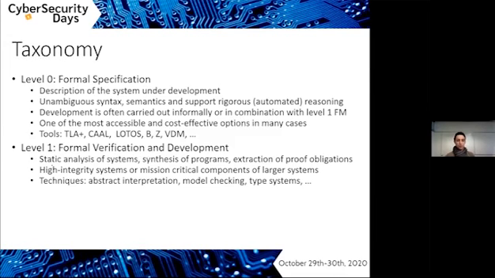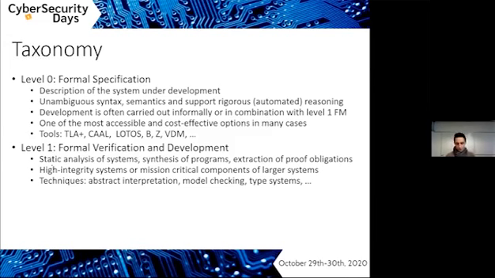So there are tools that will write some of the components of our software for us, starting usually from a formal specification. And something a bit in between are tools that will extract proof obligations. So those are tools that can look at code and say your code is correct if you can prove these and these and these statements.